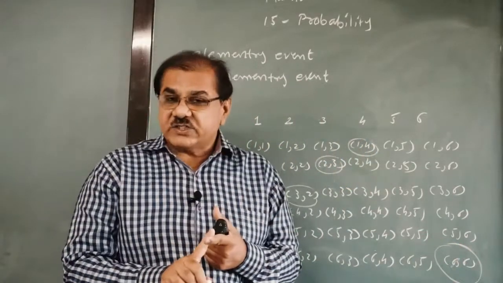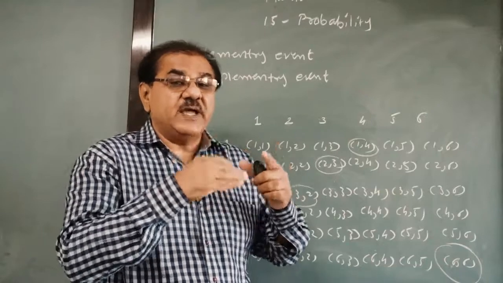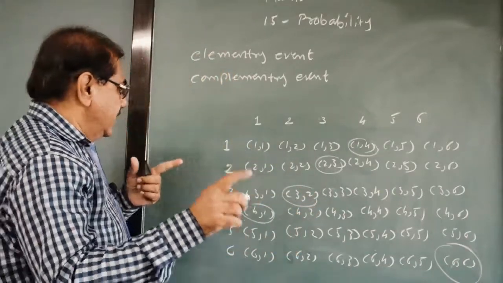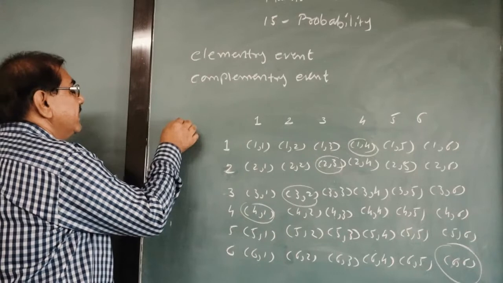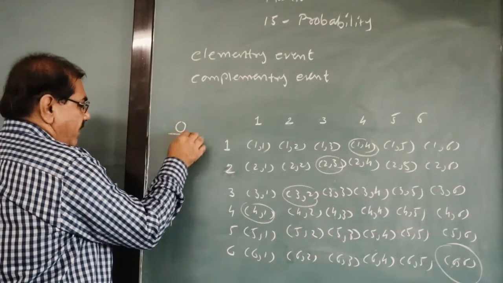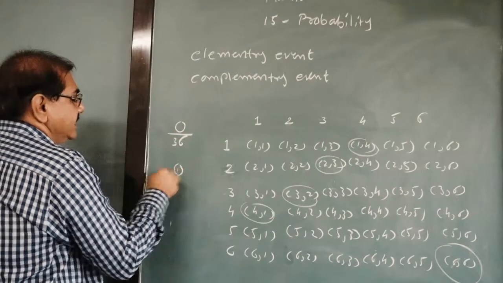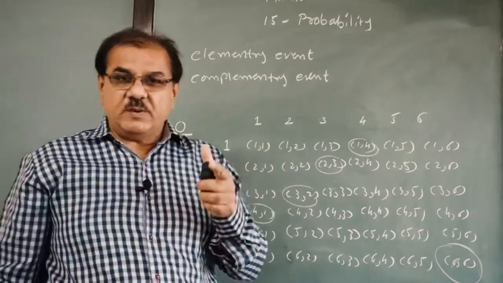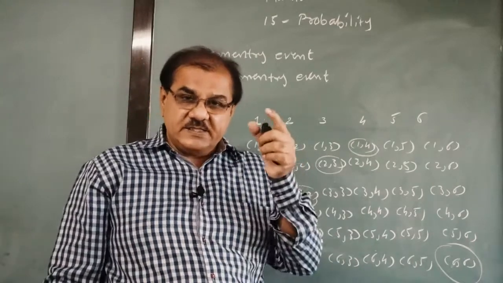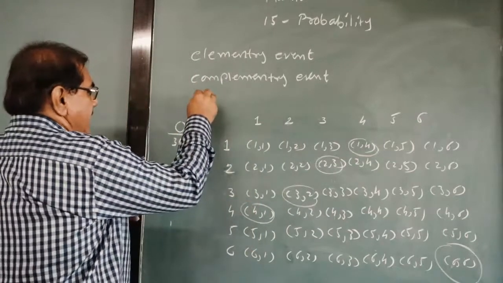So there is no way the result is more than 12. So the number of outcomes favorable to the event is 0. Upon 36, the answer is 0. So if the value of the probability for an event is 0, then it is known as an impossible event.